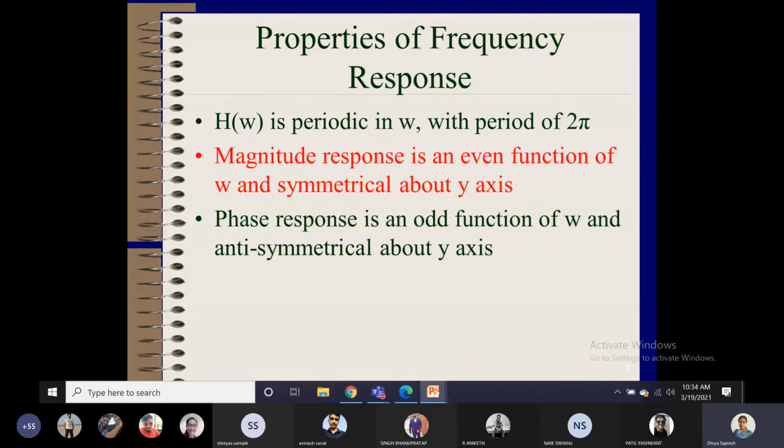So H of omega is periodic in omega with period of 2 pi. Now one thing you have to observe here: the magnitude response is an even function of omega and symmetrical about the y-axis, whereas the phase response is an odd function of omega and anti-symmetrical about the y-axis.